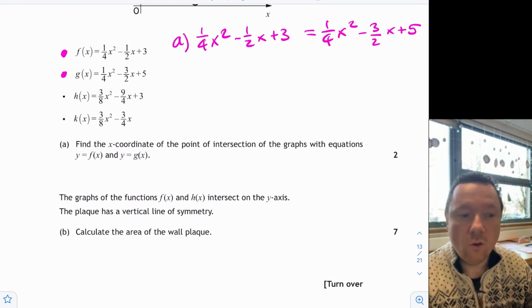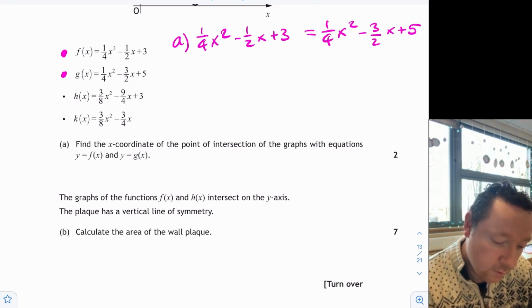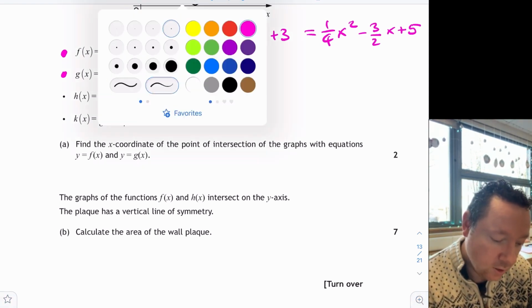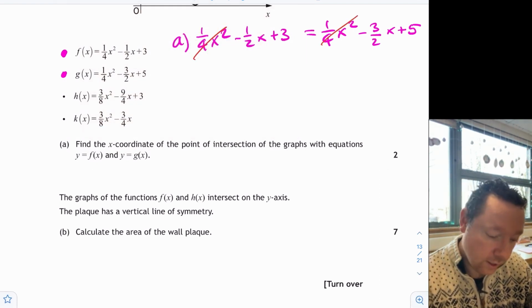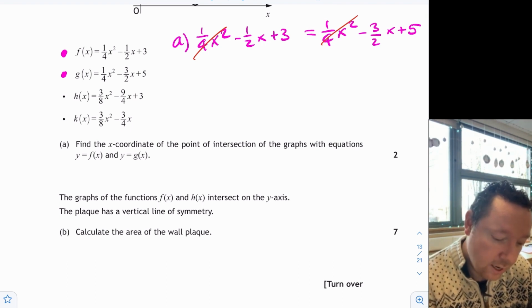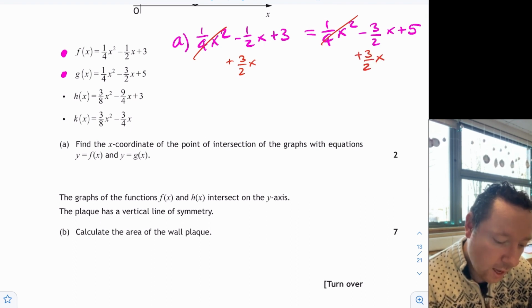Okay, now we need to solve that to get the x part, and it only asks for the x part, so that's good. Notice if you've got the same thing on both sides, they just automatically cancel. So immediately I can get a red pen and say, that's the same as that, same sign and everything, so I can cancel them. I've got minus a half x, so I can add 3 halves x to both sides, and that will get rid of it on this side.